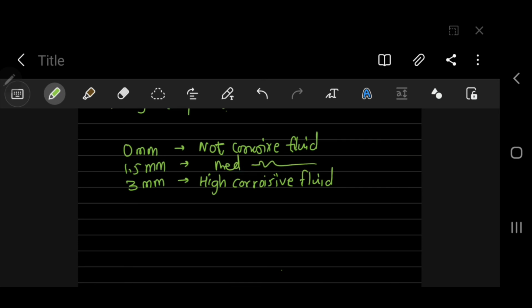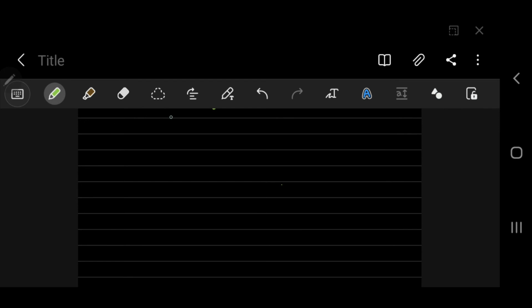Now next, we will see the design procedure of a pressure vessel.